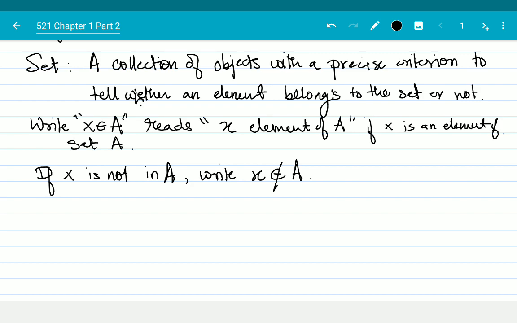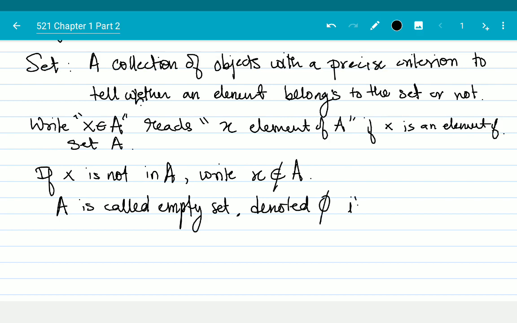For A and B, two different sets, let me first write: A is called the empty set, denoted phi, if A has no elements.